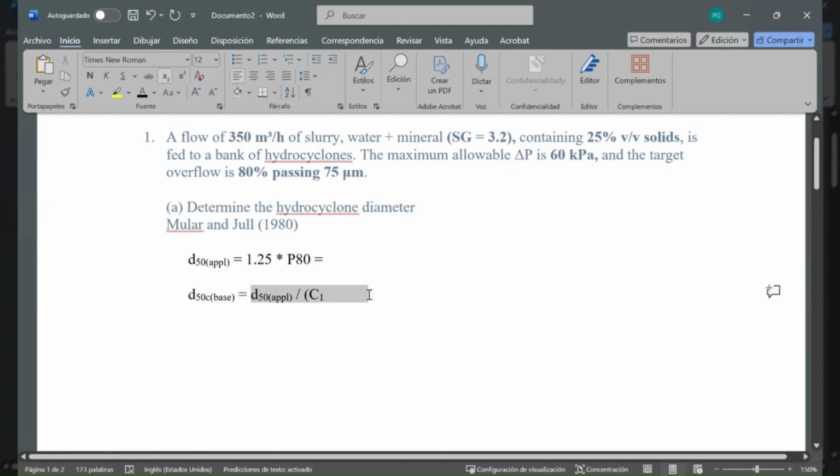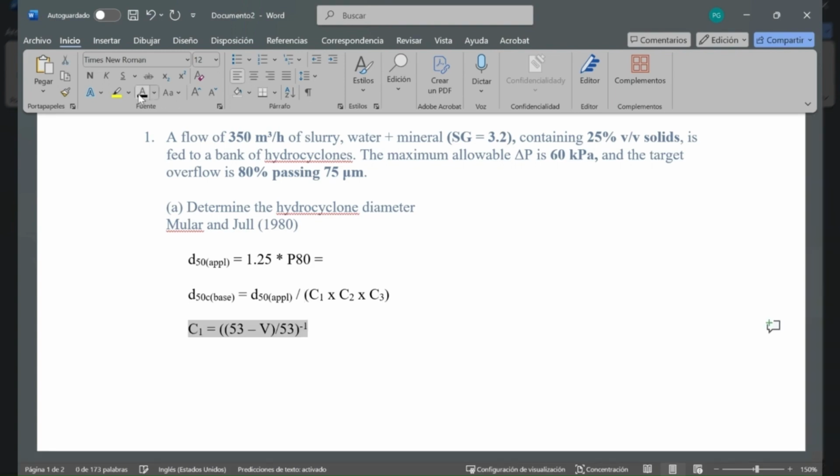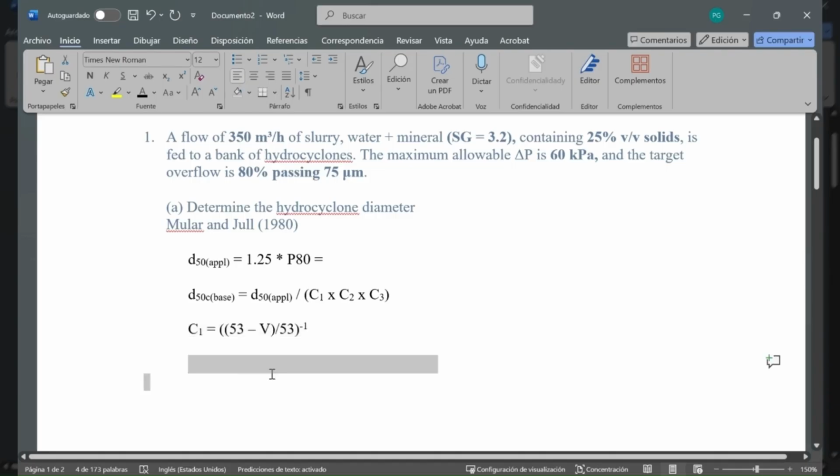This is an empirical formula as well, calculated as this diameter divided by three factors, C1, C2, and C3. Each one of these has its own formula. This is the formula of C1, where V is the percentage of volume in solids.